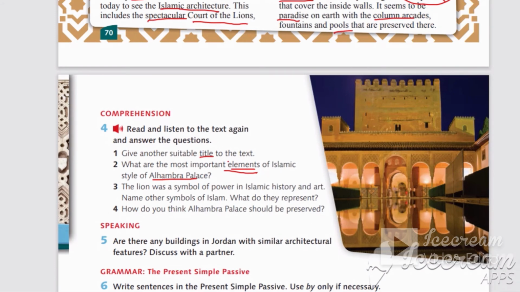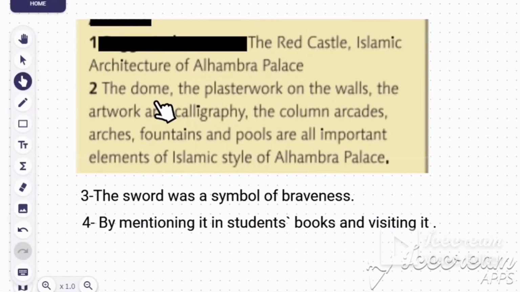Now this is the answer: the dome, the plaster work on the walls, the artwork and calligraphy, the column arcades, arches, fountains and pools are all important elements of Islamic style of Alhambra Palace.